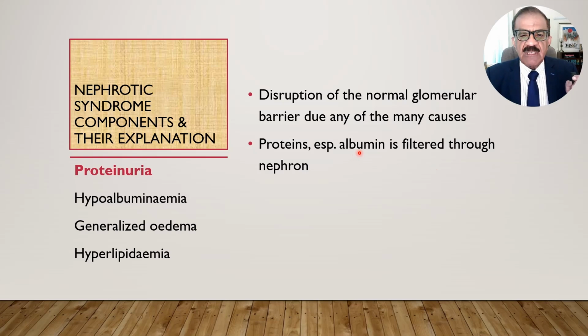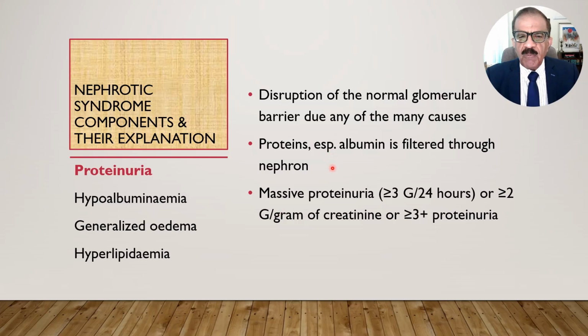One, albumins are relatively smaller molecules than globulins, and number 2, albumins have a negative charge, and endothelial cells also have a negative charge. Normally negative charge repels negative charge, but in glomerular disease that negative charge of the glomerular epithelium is lost, and that would not then be able to stop albumin filtering into the glomerular tubules.